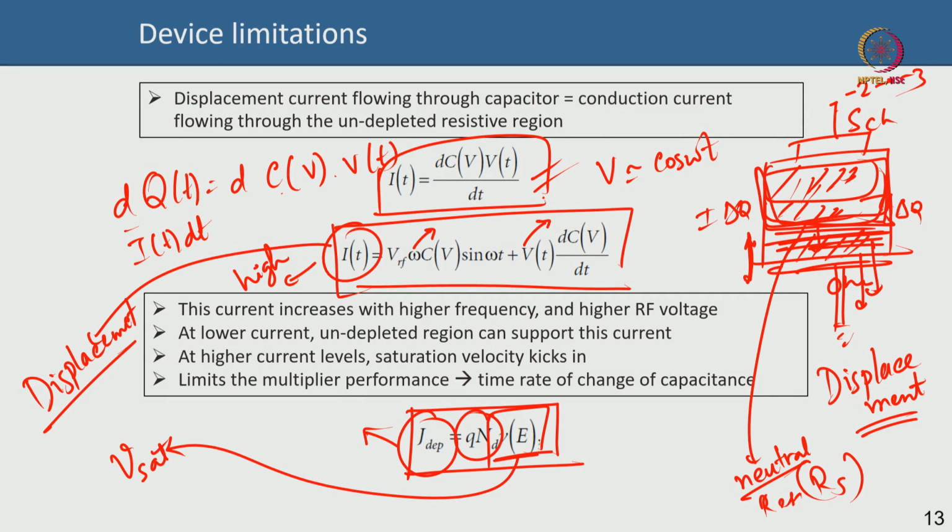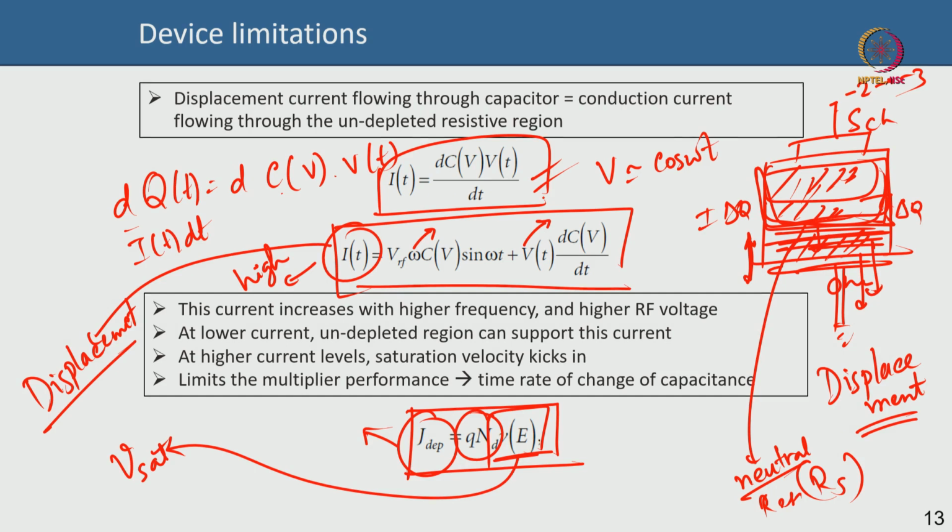So, essentially you are changing the capacitance by tuning the voltage, but the rate at which you are doing that could have a limitation, because eventually the amount of displacement charge that you need to flush out through the resistive region cannot be supported by the resistive region because velocity saturation has kicked in. Okay. So, it will do it slowly.